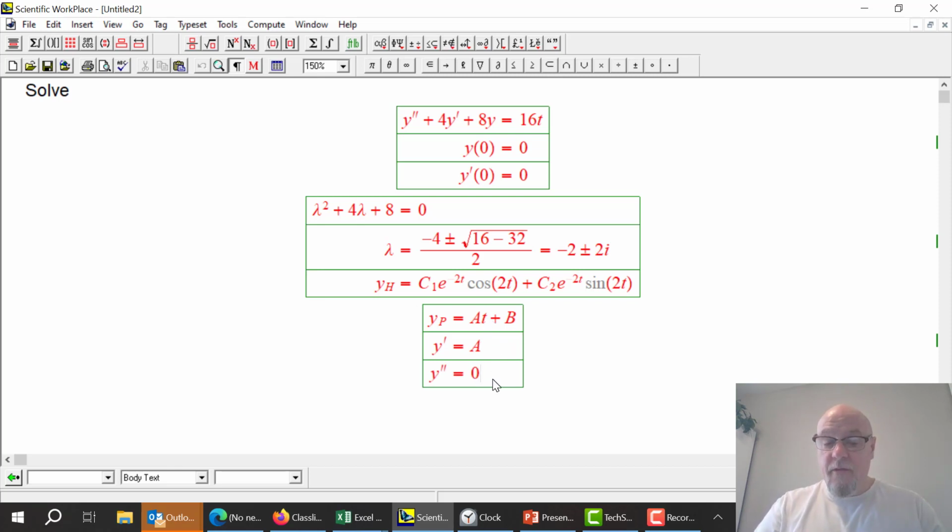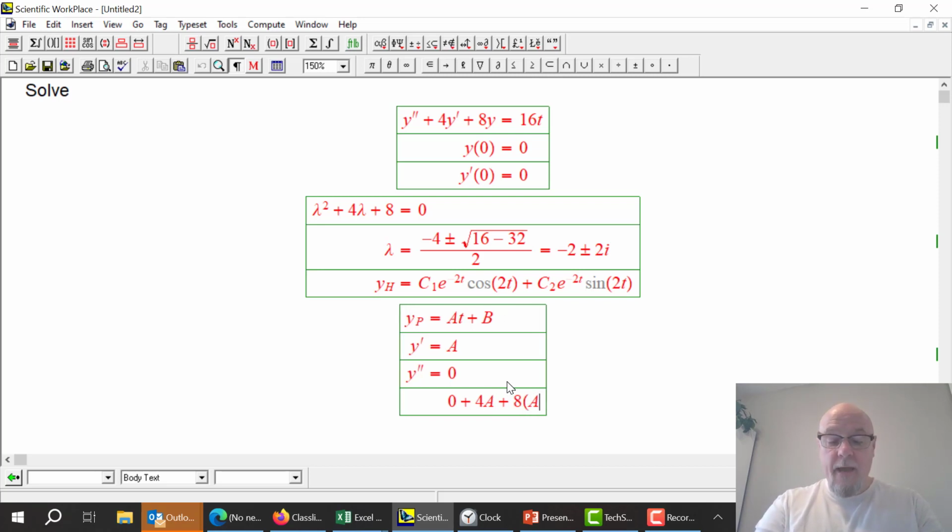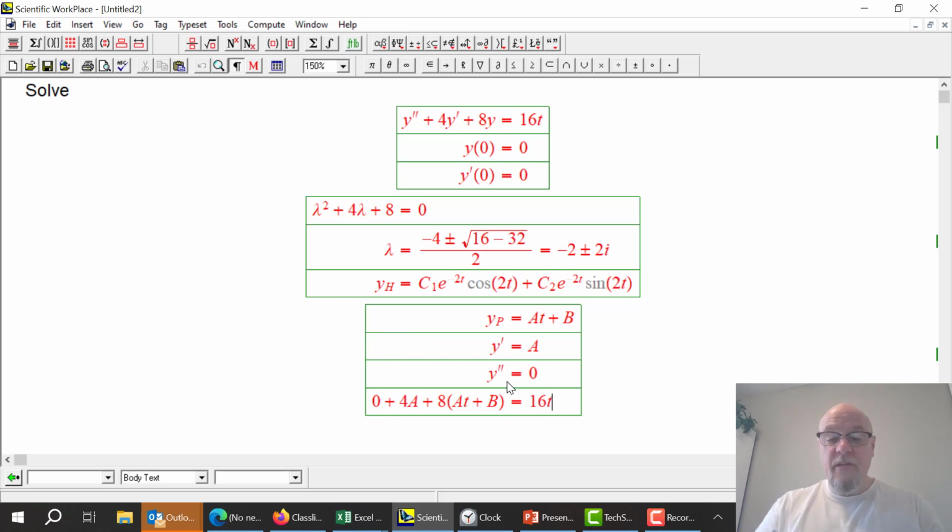All three of these pieces are going to go in the left-hand side, and I'm going to set it equal to 16t. So there's y'' plus 4y' plus 8y equals the 16t. And here I need to now solve for a and b.